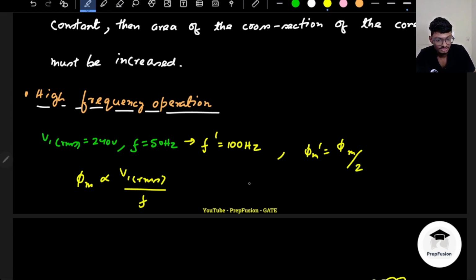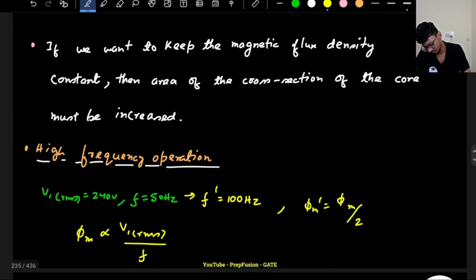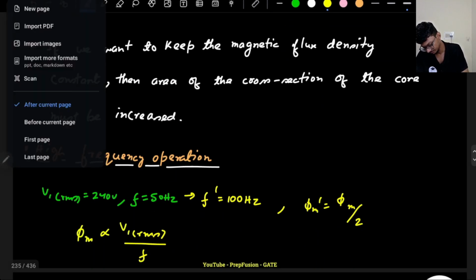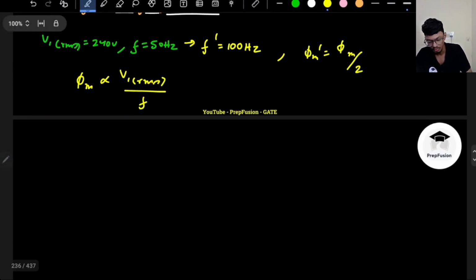So if flux is halved, then for the same core less magnetic flux is required, hence flux density will be lower, so it draws less magnetizing current.